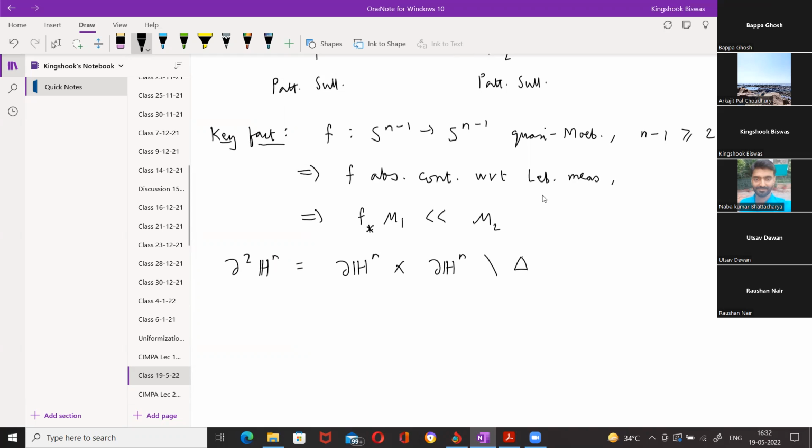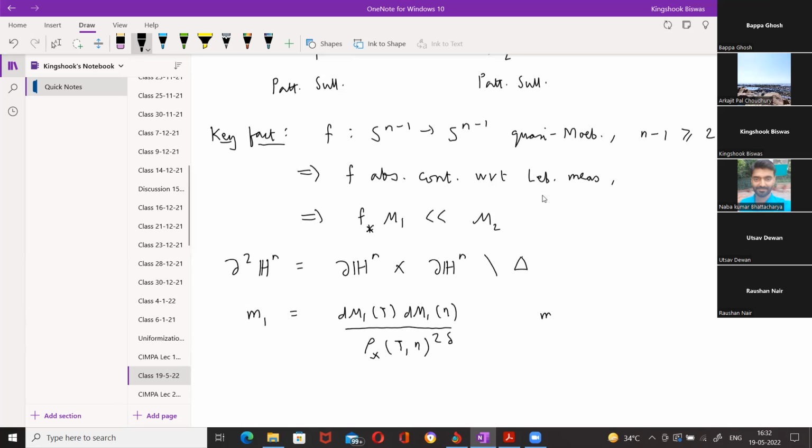What should I call it? Say M1 is this measure. It's d mu 1 xi d mu 1 eta divided by rho x of xi eta to the power 2 delta. So delta is n minus 1.